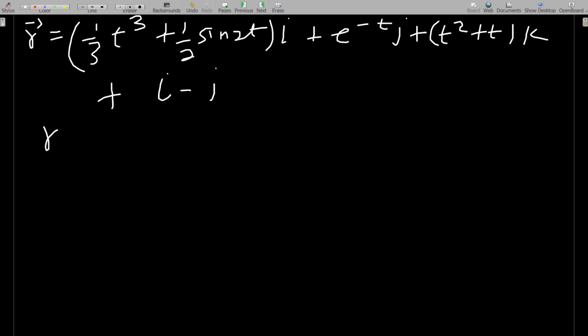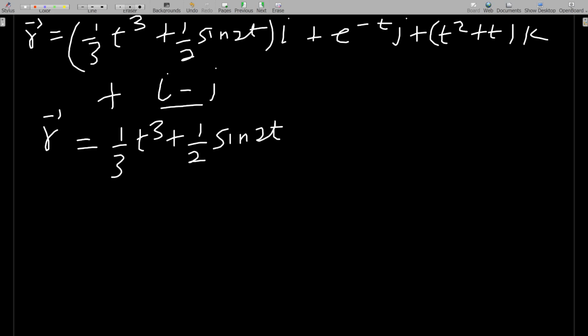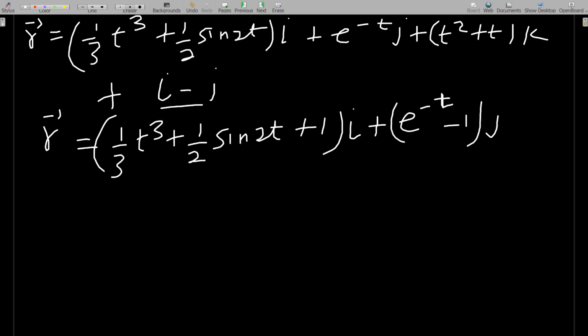I'm adding the i components together, plus 1, because I have only one i here. So my position vector is (1 over 3 t cubed plus 1) i plus (e to the minus t minus 1) j plus (t squared plus t) k.